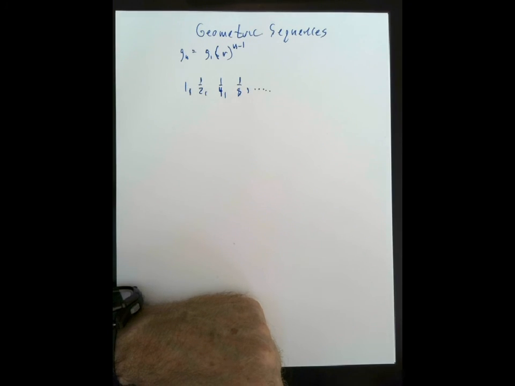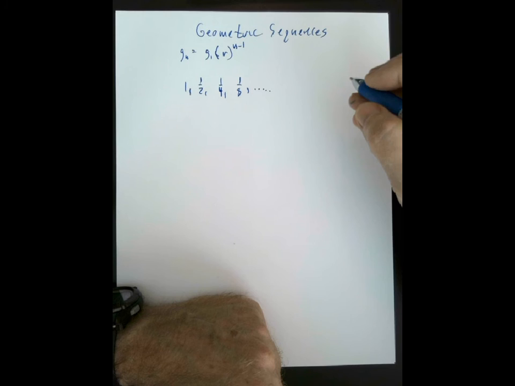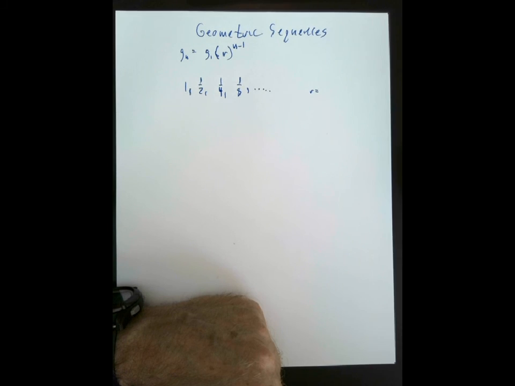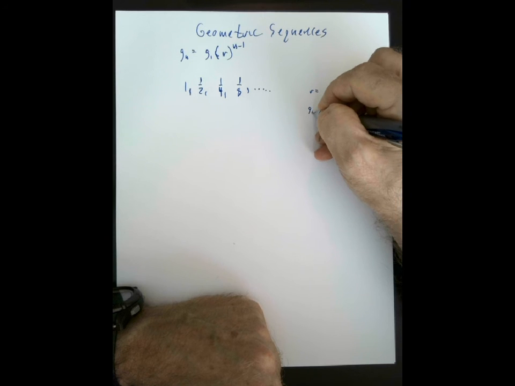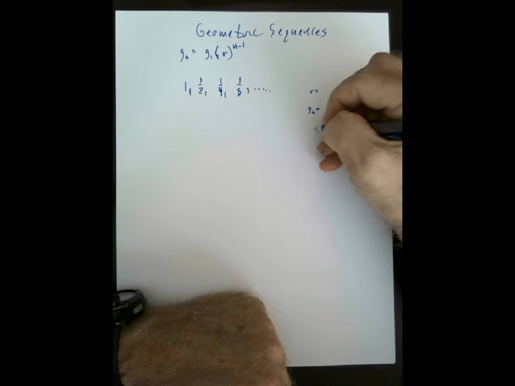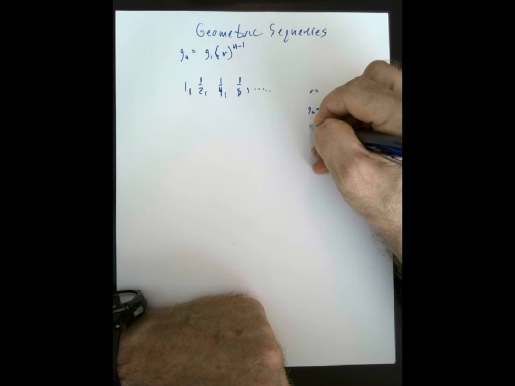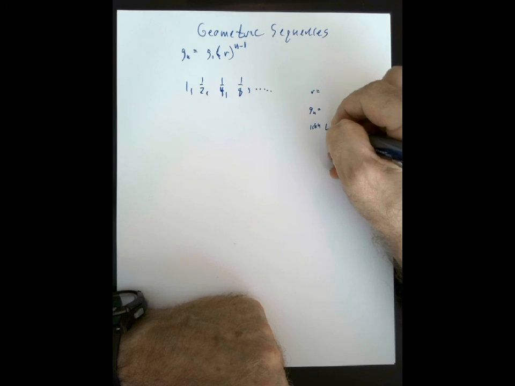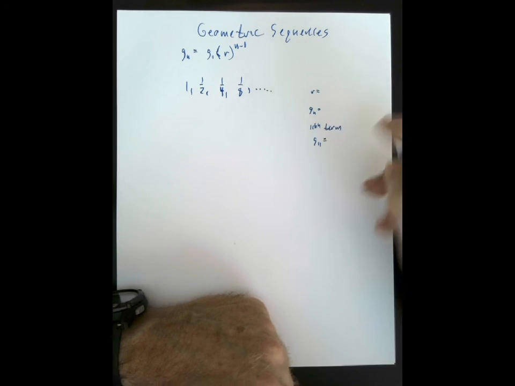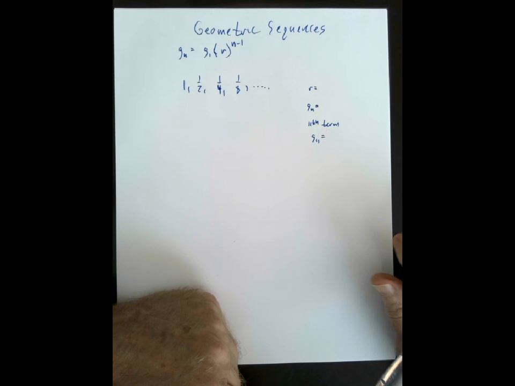And now, if that's a geometric sequence, we want to be able to calculate what the common ratio is. We want a formula for it, an explicit formula, and then we want to calculate, let's say, what the 11th term would be. Okay? In other words, what is G sub 11? So each of those things we want to be able to get out of this, okay?